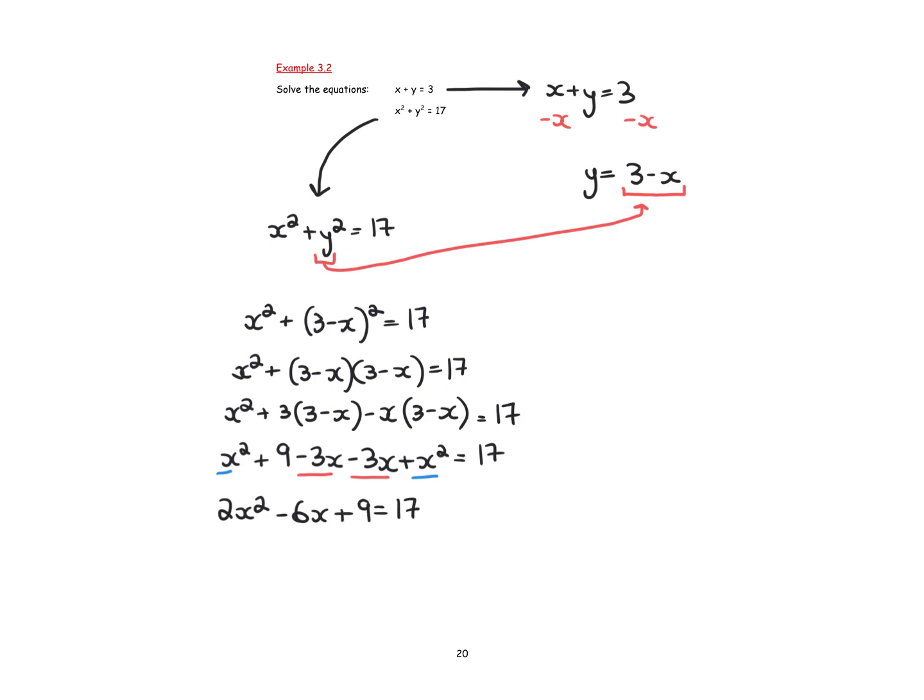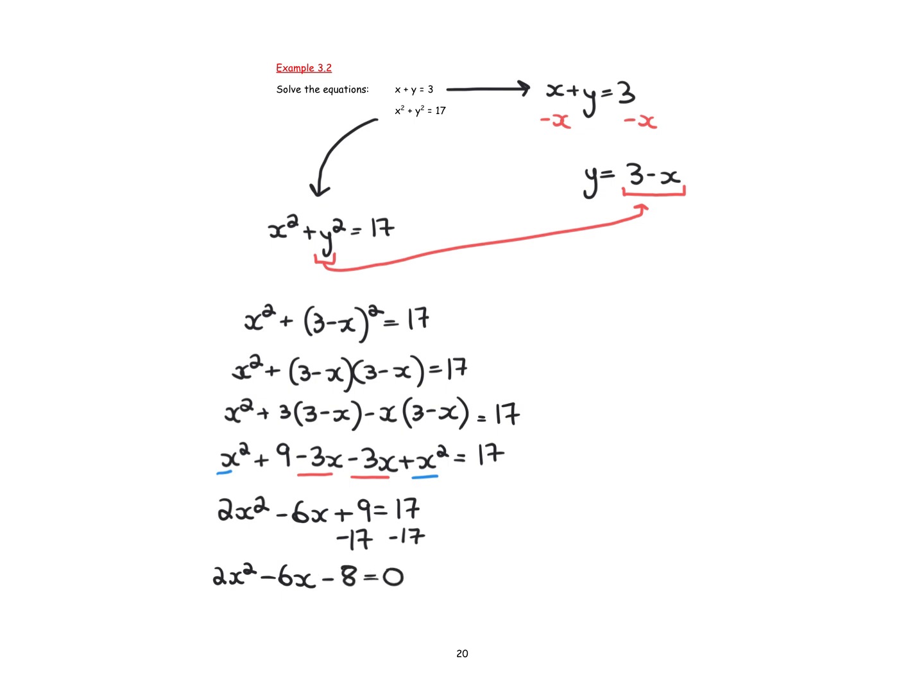I hope that you can spot now that we have an x squared, an x, and a number, meaning we have a quadratic. However, if we are to solve this quadratic, we have to let it equal to 0. So I'm going to minus 17 from both sides. That will leave us with 2x squared minus 6x, and then plus 9 minus 17 will give us minus 8 is equal to 0.